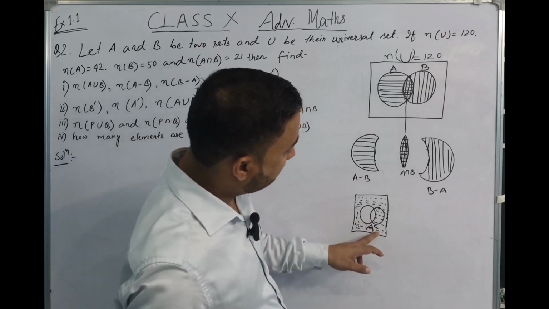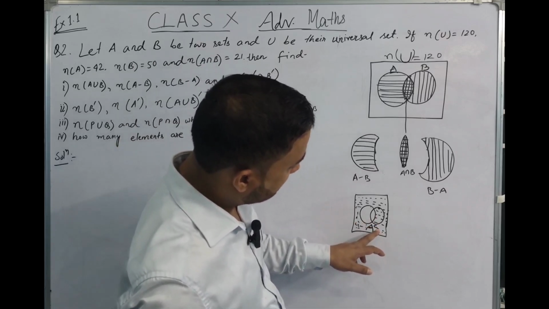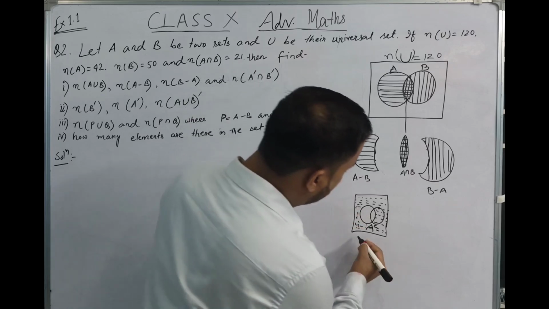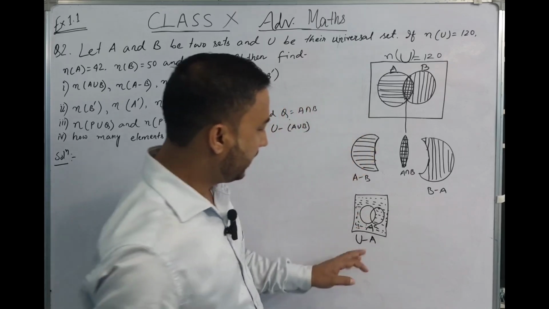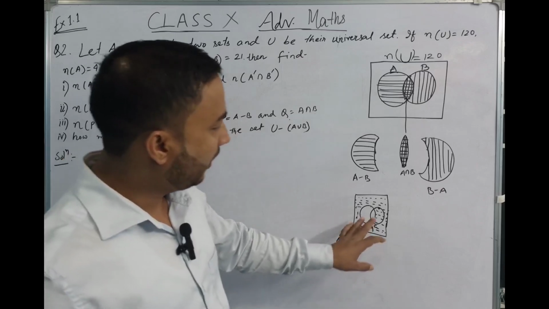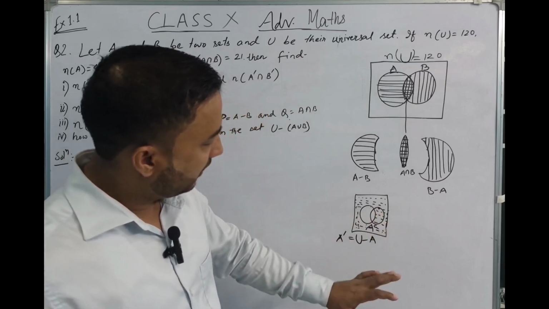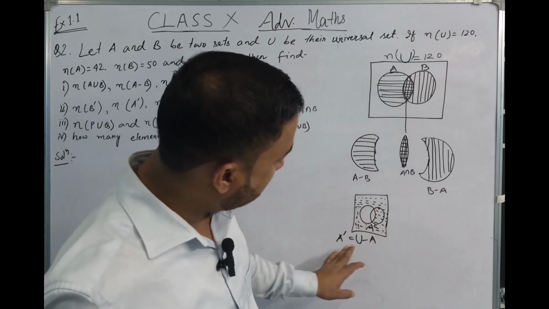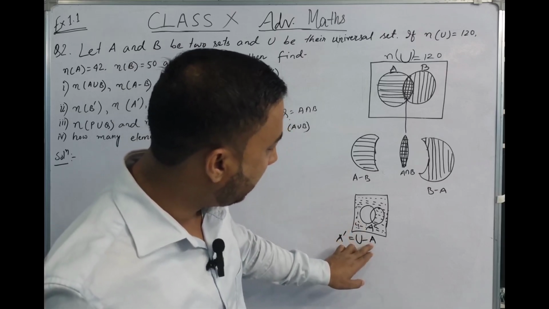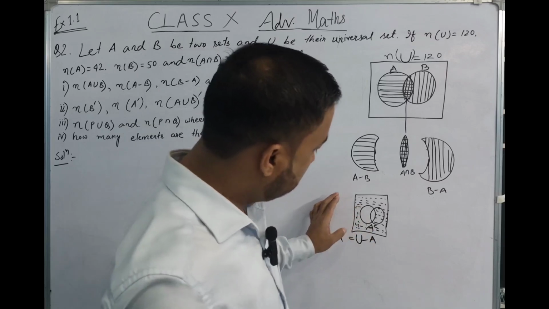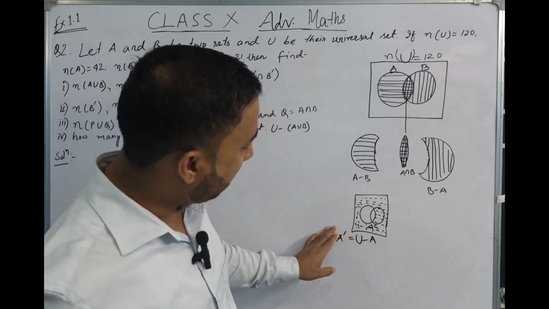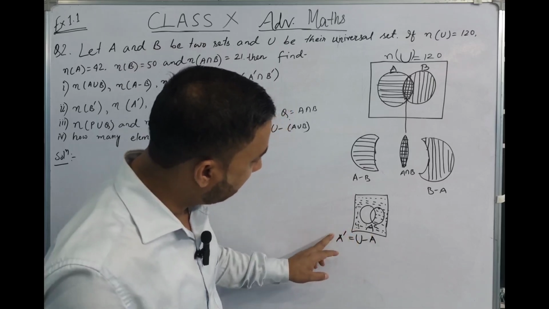It means the elements of A complement will be the elements which are only in U, not in A. This is actually U difference A. A complement is nothing but U difference A. All the elements of the set A will not be considered for A complement. If any element is in A complement, it will not be in the set A. And if X is an element that belongs to A, then X will not be an element of the set A complement.